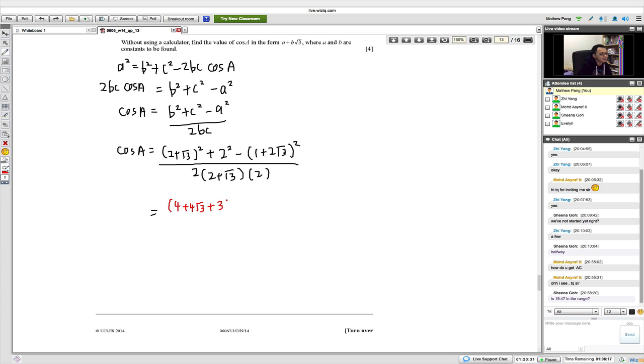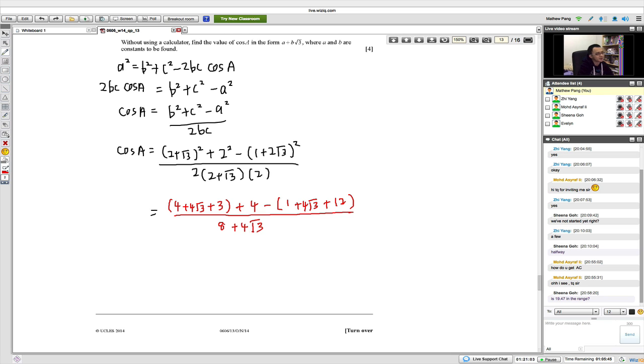Then the other one, if I expand it, I get 1 plus 2, 4 plus 4 sec 3, plus this one squared: 2 squared is 4, sec 3 squared is 3, 4 times 3 is 12. So I get this over 4 times 2 is 8 plus 4 sec 3.